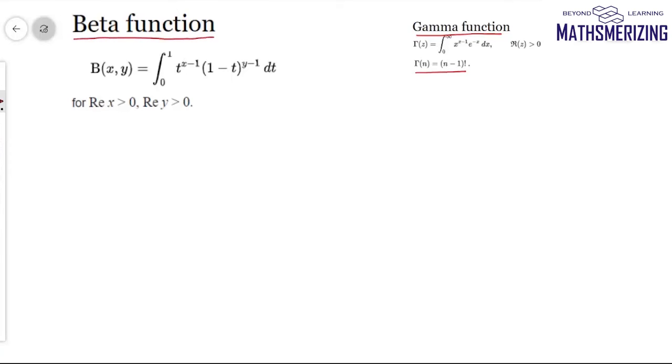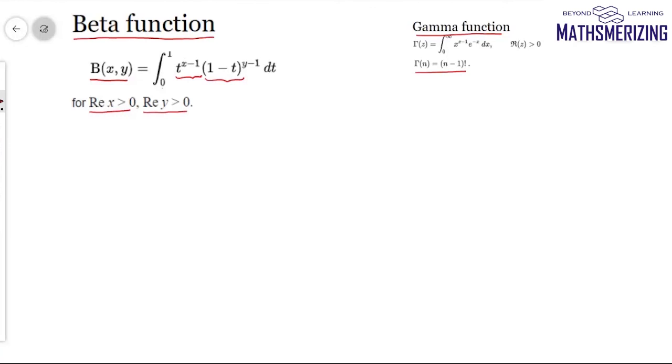Now beta function is defined as beta xy, this integral from 0 to 1, t to the power x minus 1, 1 minus t to the power y minus 1 dt, where real part of x is greater than 0 and real part of y is greater than 0.